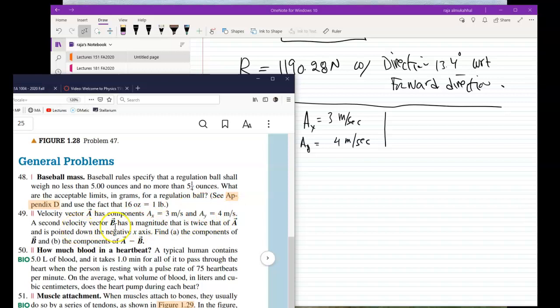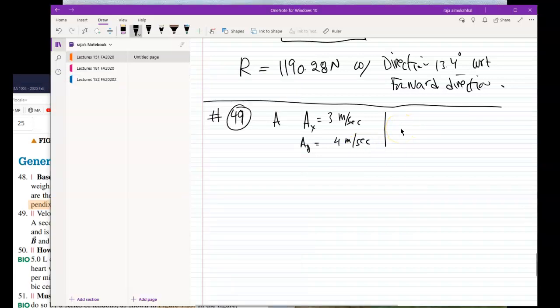We have a second vector, B. The magnitude of that B is twice that of A. In other words, B here is equal to 2A. This is important. I'll come back to it. Okay? In other words, what does that mean? Remember, this is magnitude.